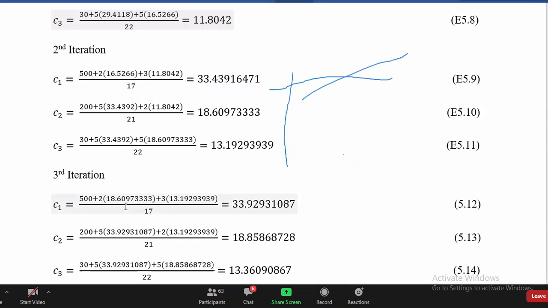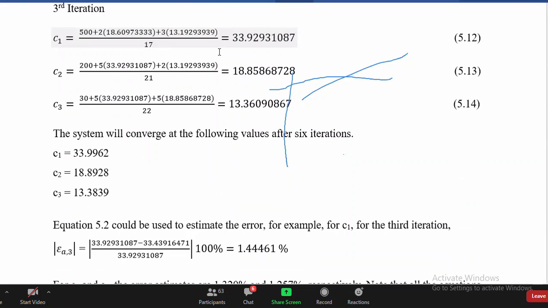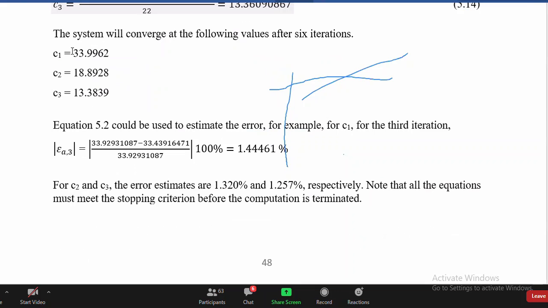For the third iteration, we substitute c2, substitute c3, calculate new c1, and we substitute this immediate c1 and the previous c3, calculate c2. Then the immediate c1 and immediate c2, calculate c3. So you keep doing that. After about six iterations, you have these values here. You converge to these values.